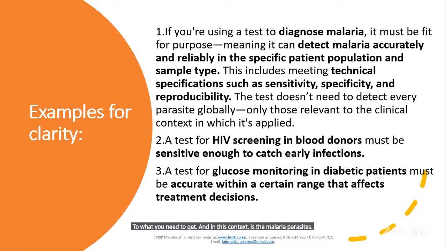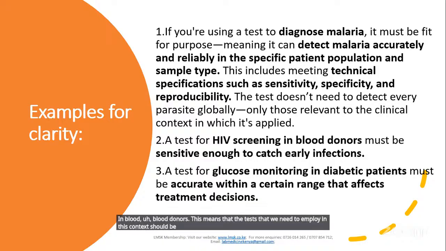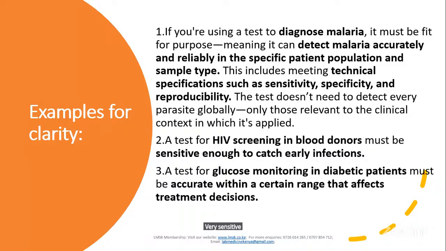A second example, we are looking at HIV screening in blood donors. This means that the test that we need to employ in this context should be very sensitive, because these are blood donors.